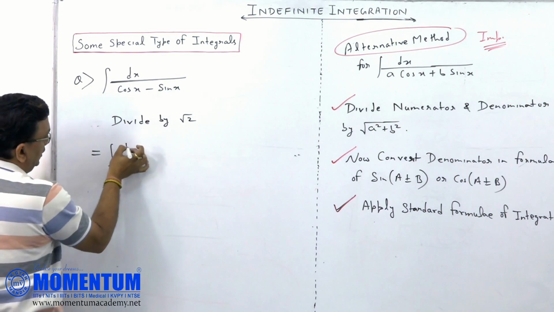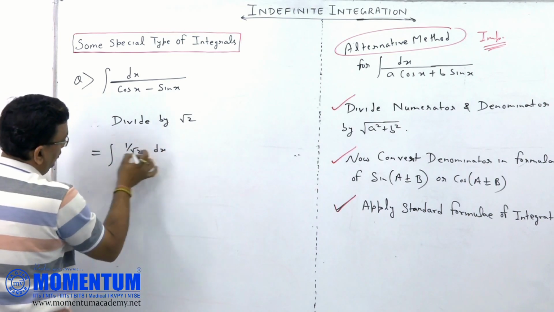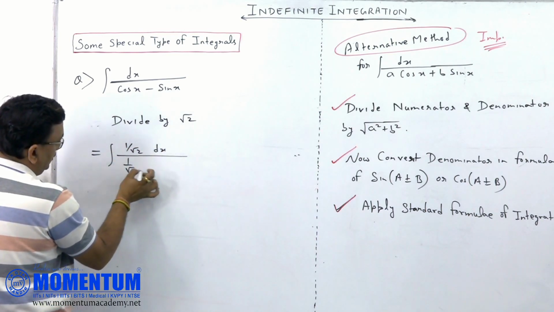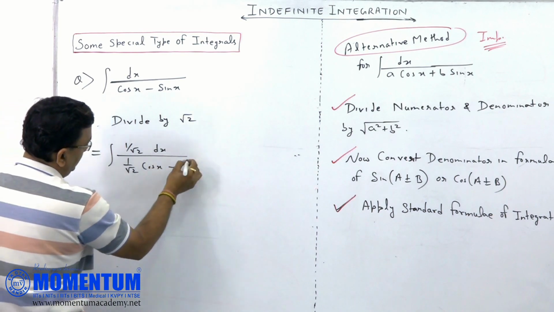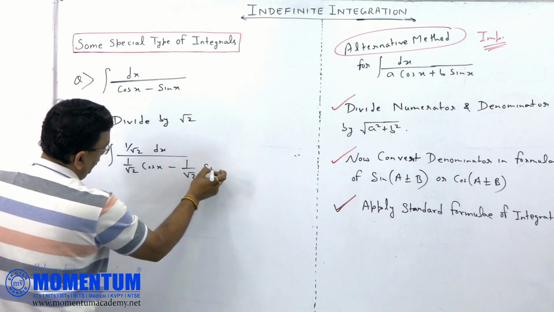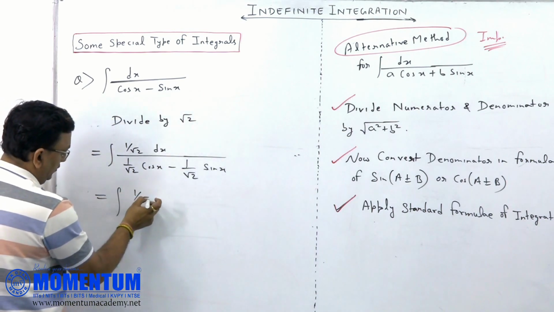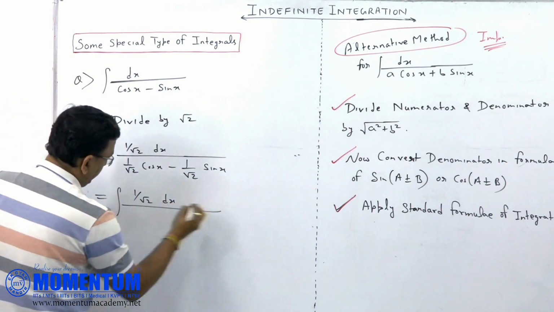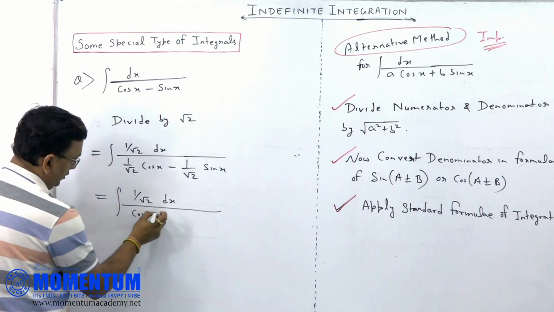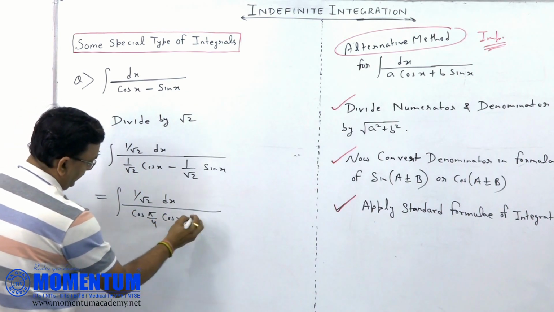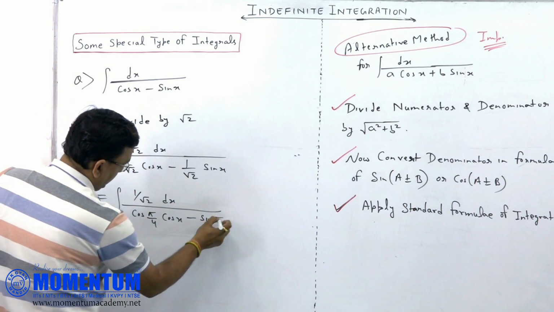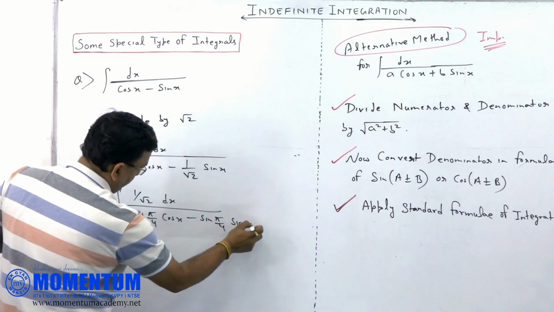So integration of 1 by root 2 divided by 1 by root 2 cos x minus 1 by root 2 sin x. Now integration of 1 by root 2, in the denominator I am writing cos pi by 4 cos x minus sine pi by 4 sine x.